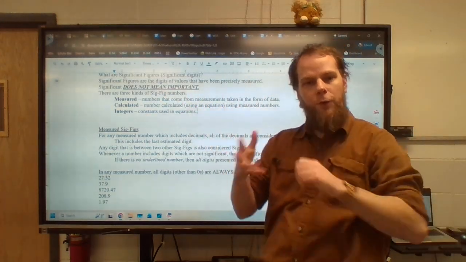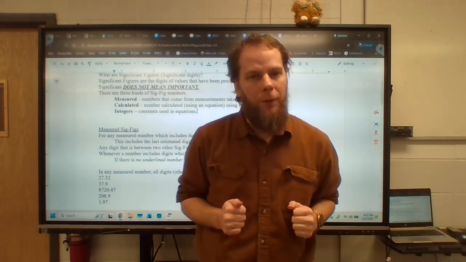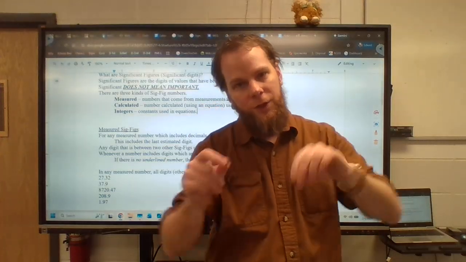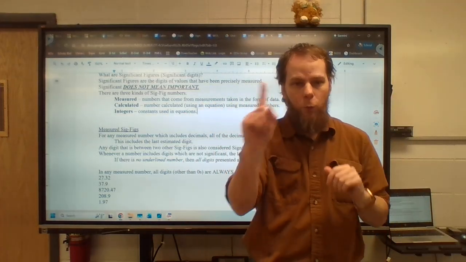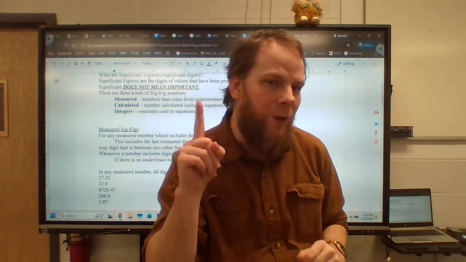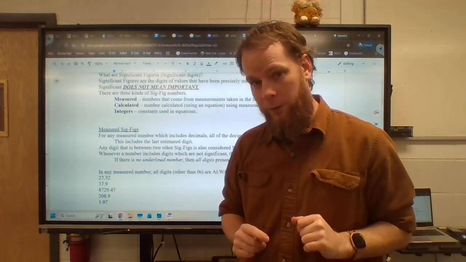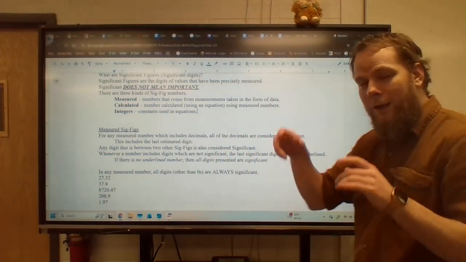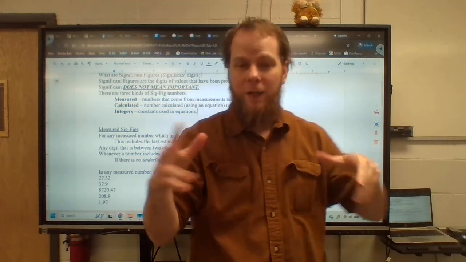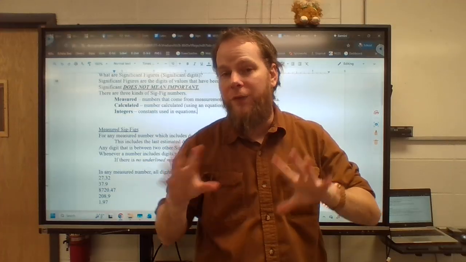in general, if you are looking at a measured number, every digit in that number is considered significant. There is only one digit that is not always significant, and that is 0. 0 is a number that is not always significant, and we'll deal more with 0 later.